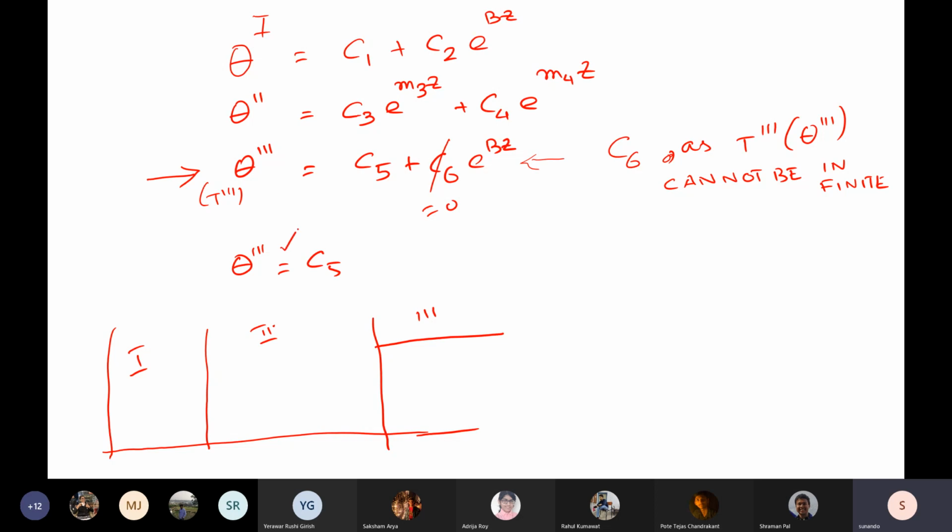It is a constant equal to C5. But if you think about θ1, which is T1, how would it behave? It is going to be an increasing function of Z. And realistically, this is what it would look like.